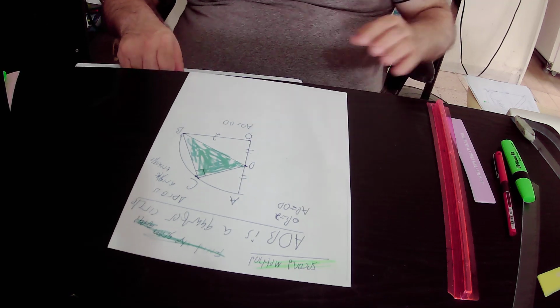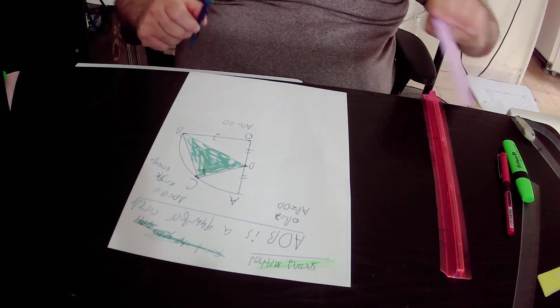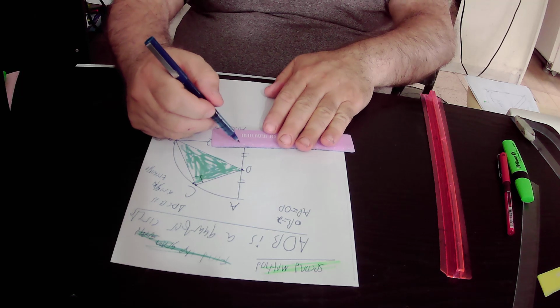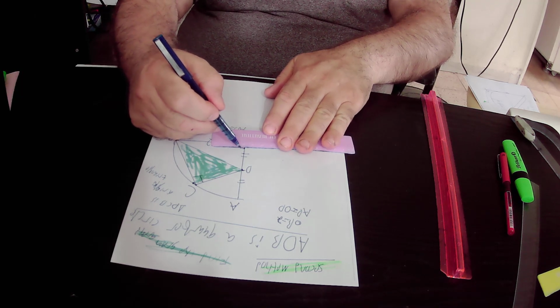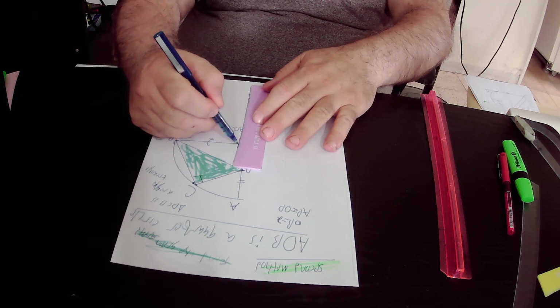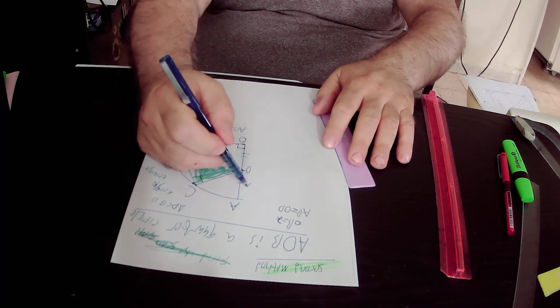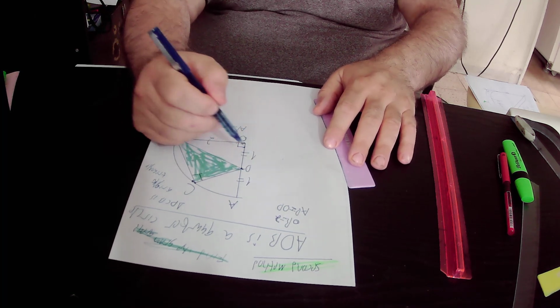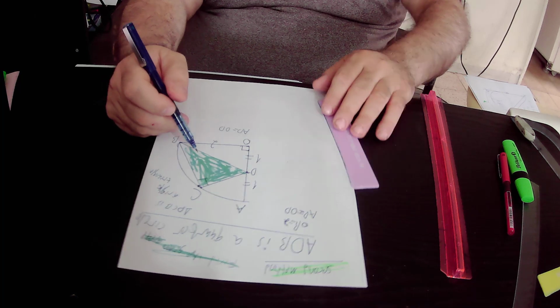So, you know, according to the first method, that this angle equals 90 degrees. We also found out that AD equals 1 unit, DO equals 1 unit in the first method.